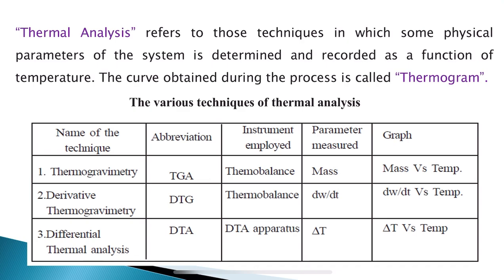The physical and chemical changes are characteristic for each and every compound. Whether it is an organic or inorganic compound, it will have its own physical and chemical properties. Not all organic or inorganic compounds will have the same melting point or boiling point.